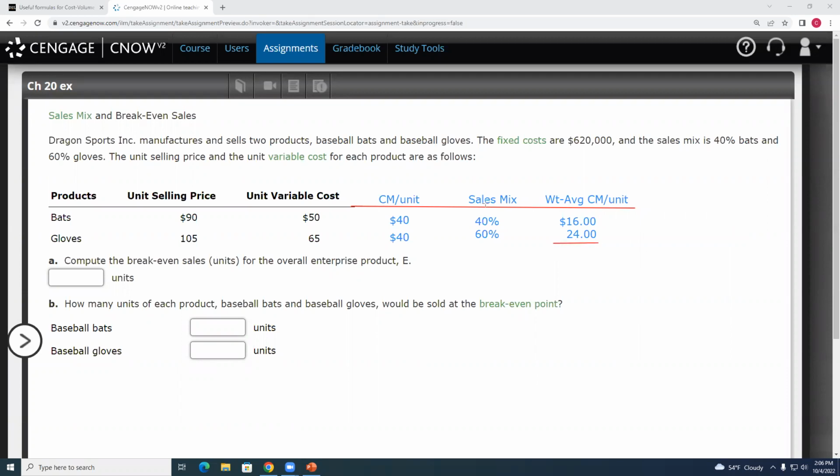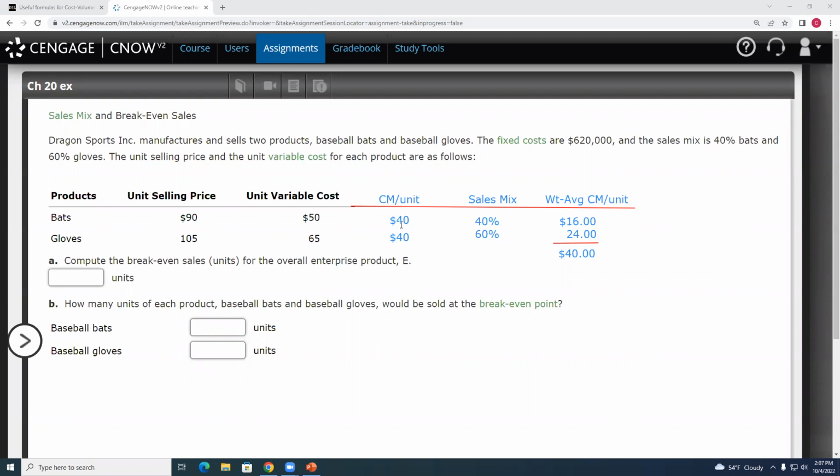Here's why this is a terrible example. Because the weighted average contribution margin, not at all surprising, is $40 because we applied weights to $40 and $40. But I still followed all of the steps.